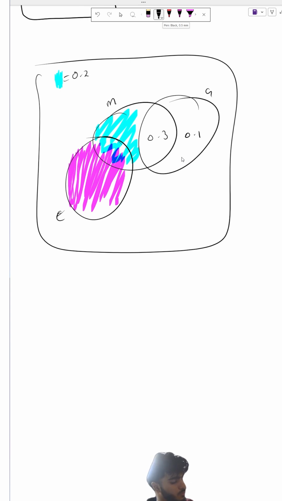But it's not. I'm not 100% sure it's 0.2. This whole area has to be 0.2. E is 0.6. So if I chop out the fact that it's 0.6, you're also chopping away a probability that includes a 0.2.